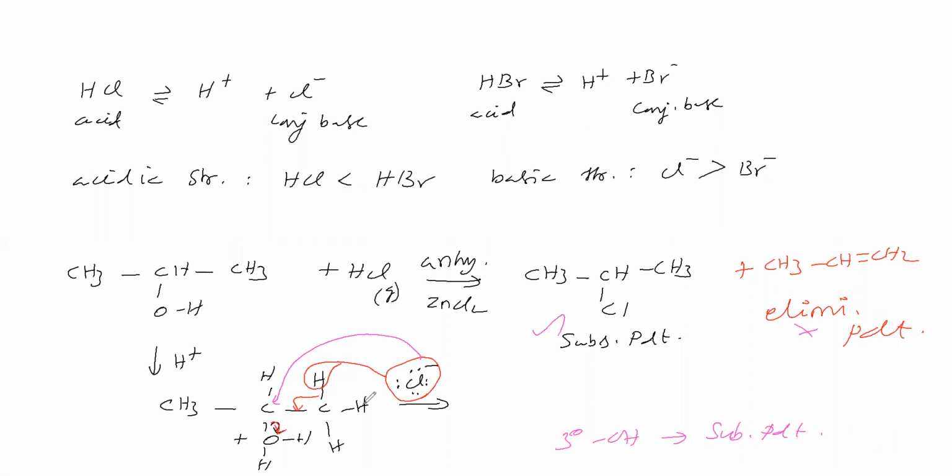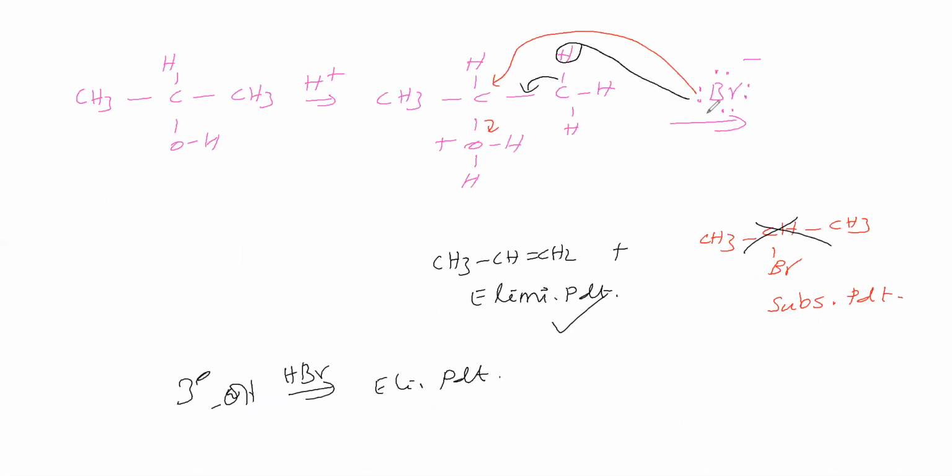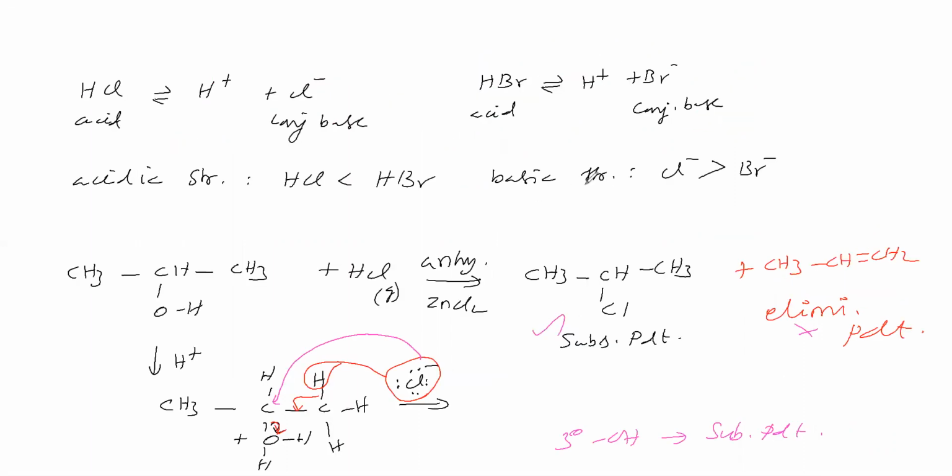Sorry, Cl minus is not ready to abstract proton, but Br minus is ready to abstract proton. Sorry, basic strength we will see. If you see basic strength, Cl minus is higher than Br minus. So Cl minus has higher tendency to abstract proton than Br minus.